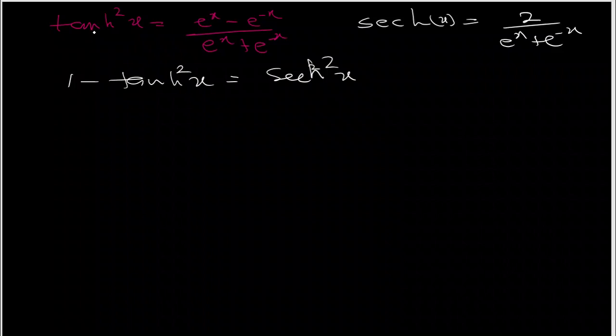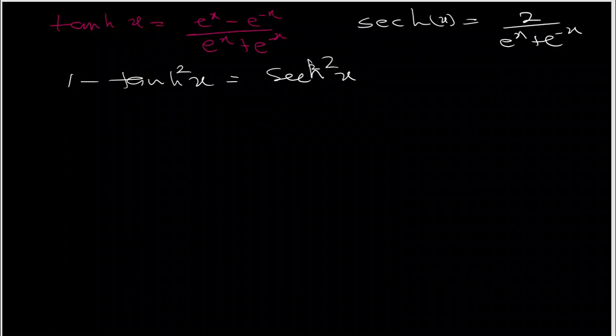We know tanh x is e power x minus e power negative x over e power x plus e power negative x. And sech x is just the reciprocal of cosh, so that will be 2 over e power x plus e power negative x. So we are going to throw these into this equation and see whether we'll get the right hand side.